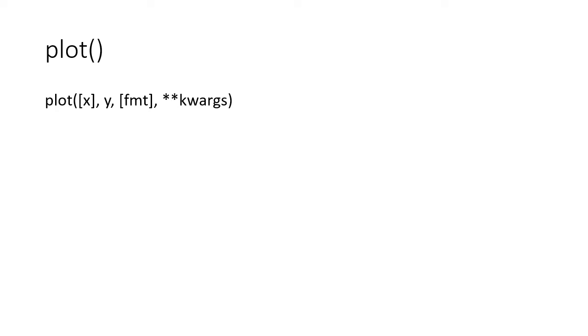Then what should be the format? We will discuss format in detail, and you can control the properties of this line graph by several keyword arguments. As you can see in the syntax, the x data is not compulsory.